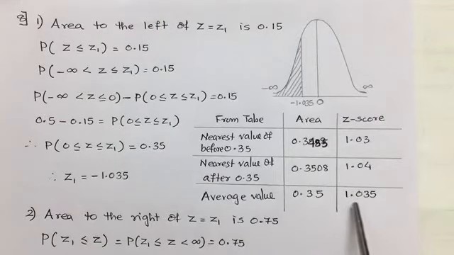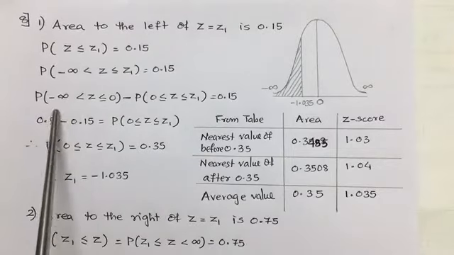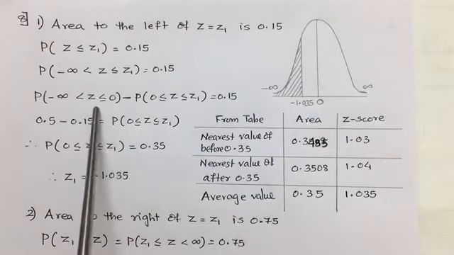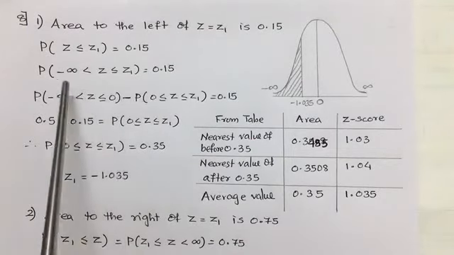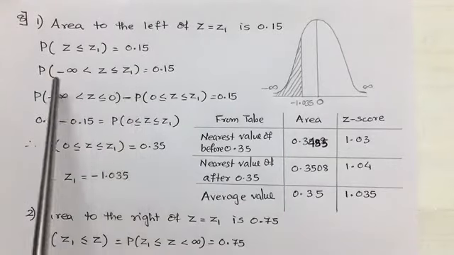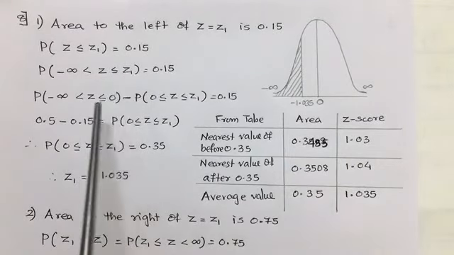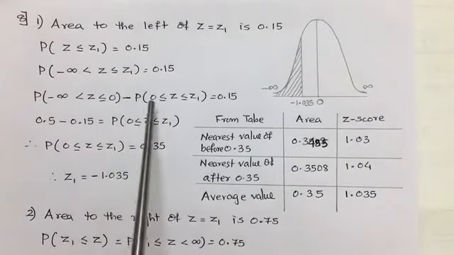Now this value 1.035 will be negative. Reason? Minus infinity is there. When we subtract both the probabilities, the sign on both sides must be the same. If one is negative, the other has to be negative, then only they are being subtracted.